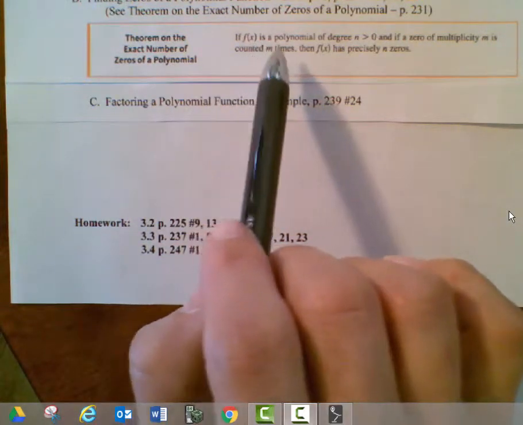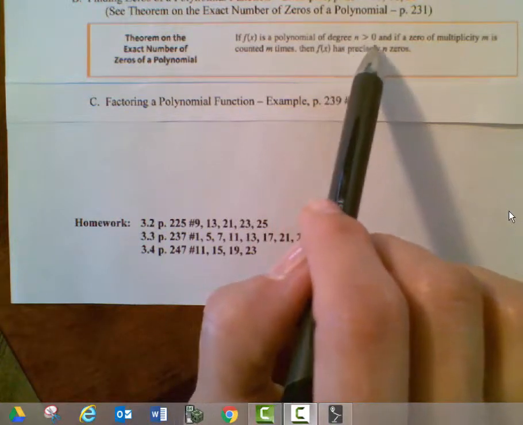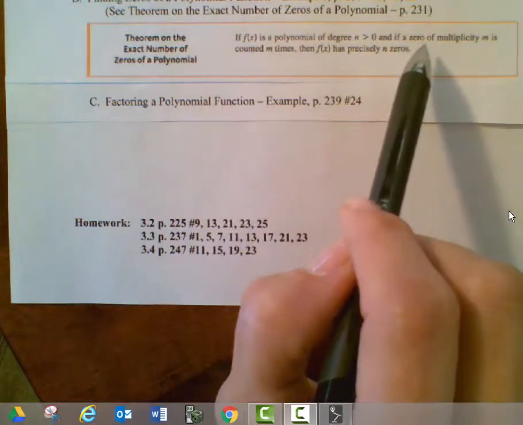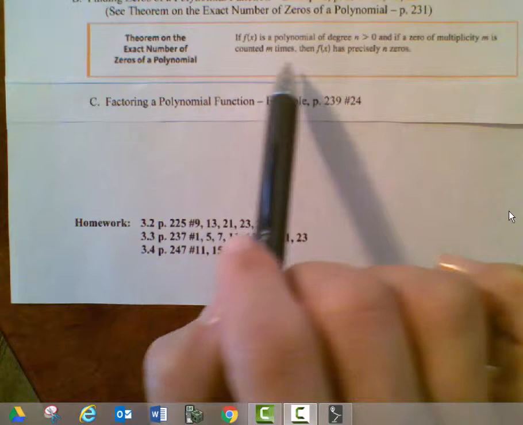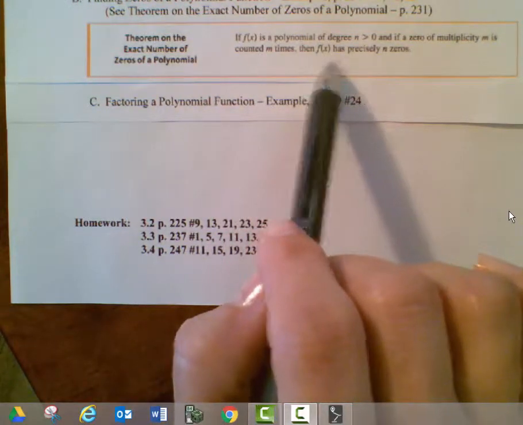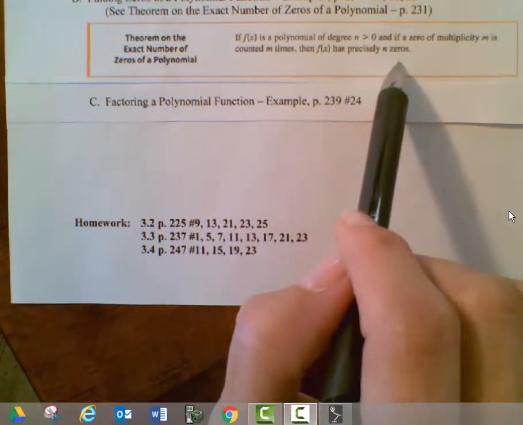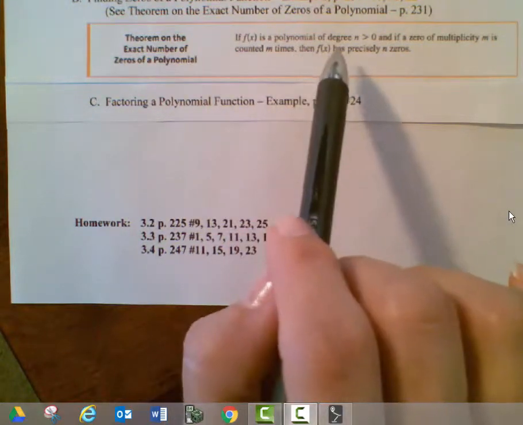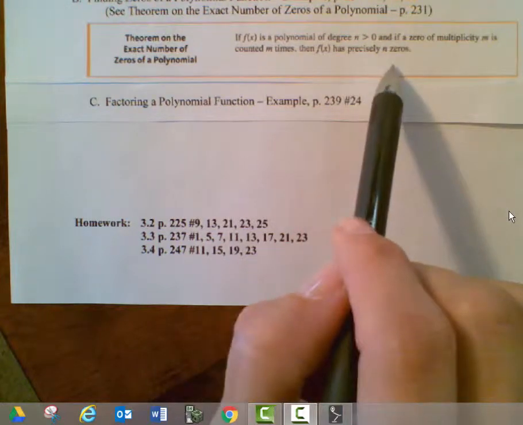If f of x is a polynomial of any degree n greater than 0, and if a zero of multiplicity m is counted m times, then the function f of x has precisely n zeros. What that's saying is if you have a 5th degree polynomial, then it's going to have 5 zeros.